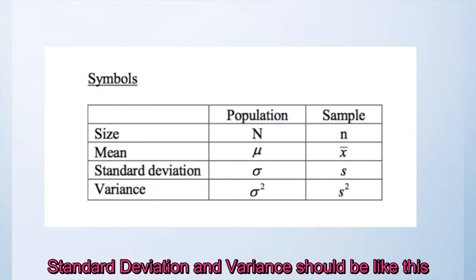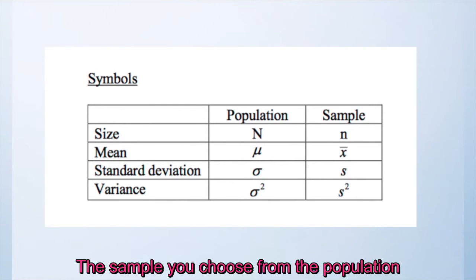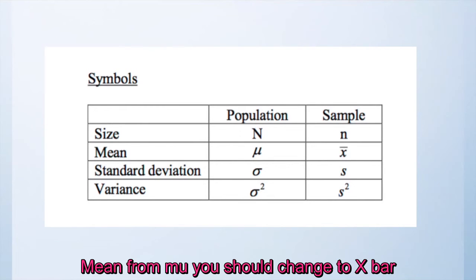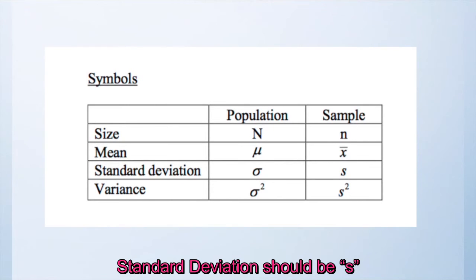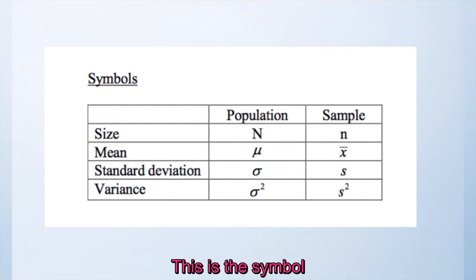Standard deviation and also variance should be like this. But if you study with a sample that you choose from the population, the N should be small n. Mean changes from mu to x bar. Standard deviation should be s, and variance is s squared. These are the symbols.